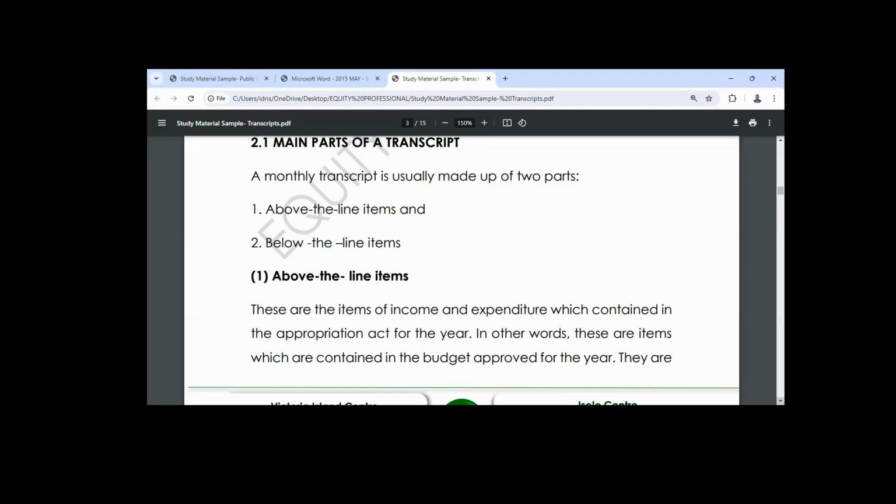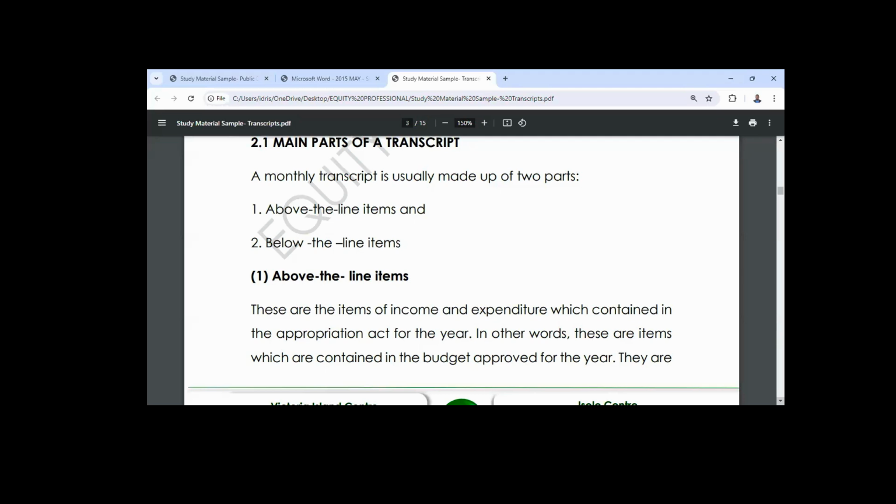Any item that the exact amount is known at the time of budget preparation, any item that you can trace directly into the government budget is called above the line item. Any item of income and expenditure that is normally contained in the approved budget is called what? Above the line item.